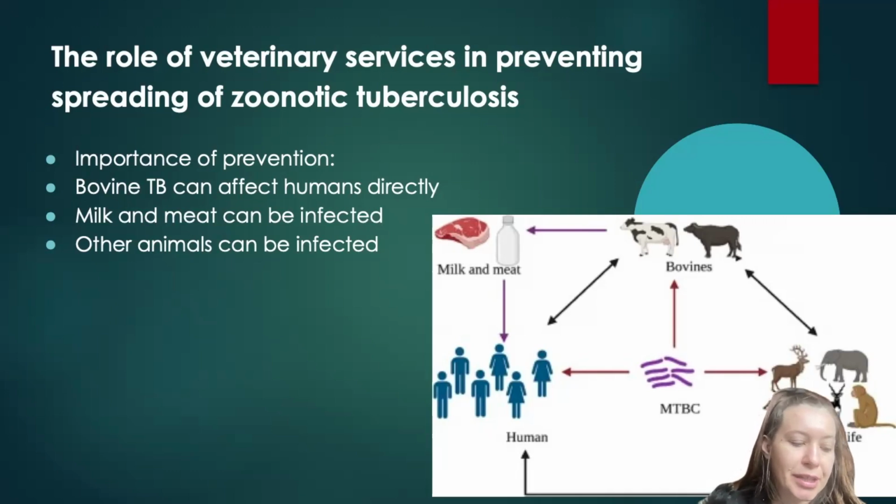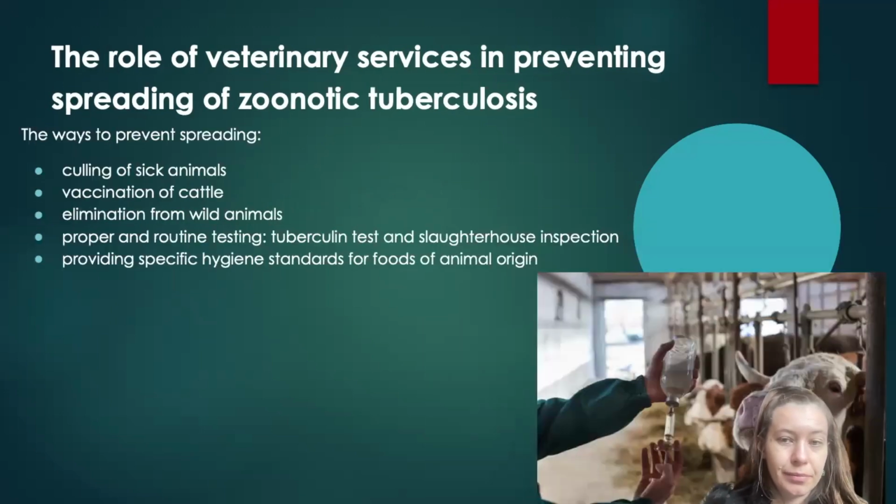Besides, for some nations, such control measures for bovine tuberculosis prevention as slaughterhouse inspections and culling of infected animals can be not only expensive, but unacceptable due to ethical or religious reasons.